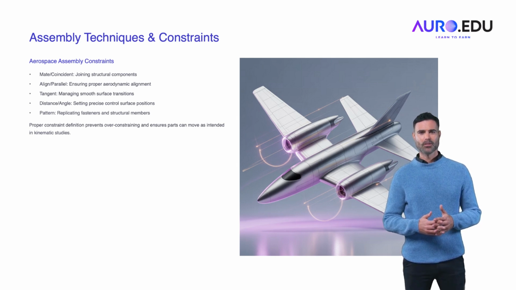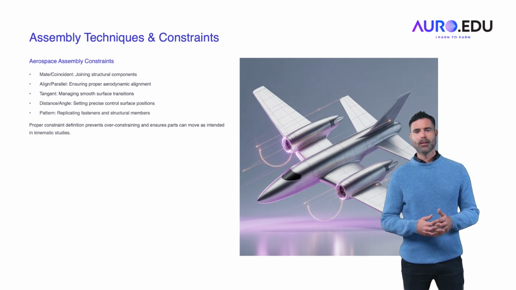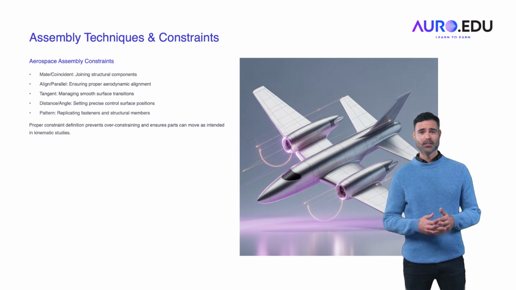Distance and angle constraints are applied to ensure proper positioning of control surfaces and landing gear, which are critical for flight performance. Managing these constraints in complex assemblies helps prevent over-constraining, ensuring parts move as intended in real-world applications.